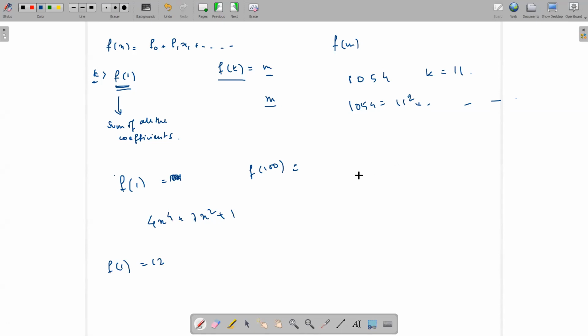Check once. So what's the value when you multiply it with 100?